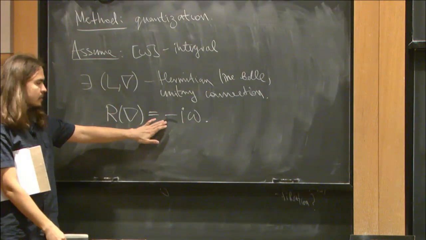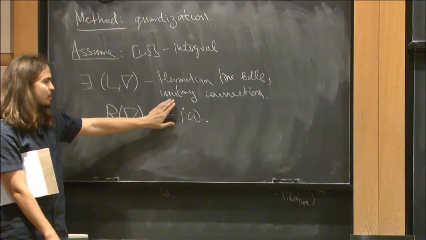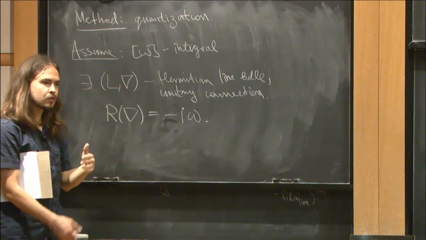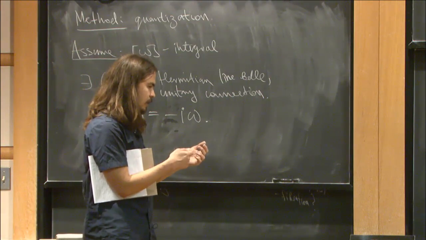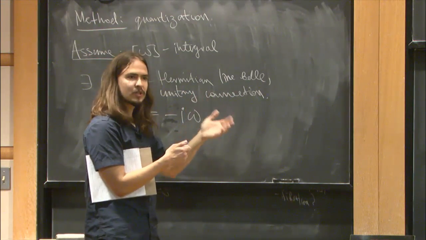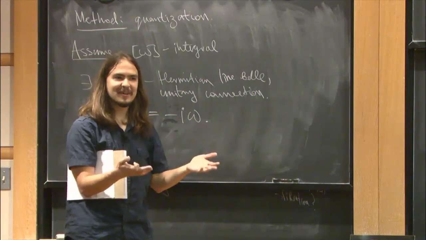This minus is not the standard convention. Usually people say without, but we prefer to do it this way. The only thing we need is to switch the sign in the Hamiltonian construction. So, instead of minus dH, we take dH.